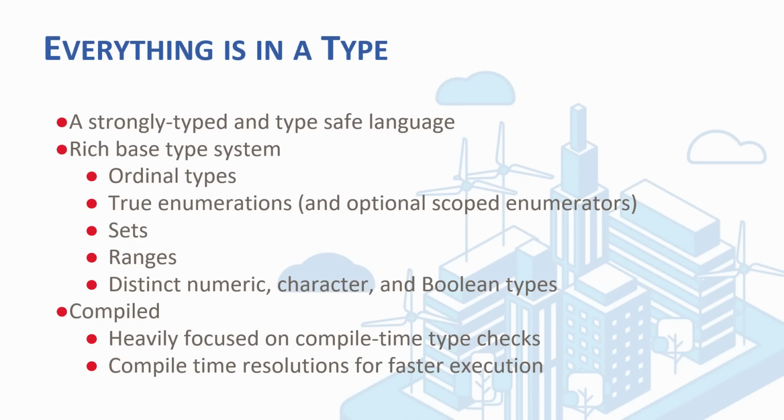But in itself, the language is very rigorous in the type check. There's a rich type system, not just the standard one with numeric values, characters, strings, floating point values, booleans, but actually there are some distinct and specific features that are part of the type system. We'll get in a second to looking at what exactly an ordinal type is and what enumerations and sets are.